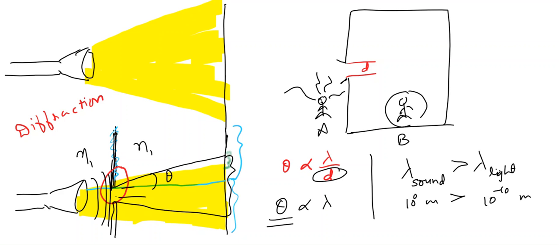Now let us move to the next part, the third question of this assignment. Just like interference, in diffraction also we get regions of higher and lower intensity.